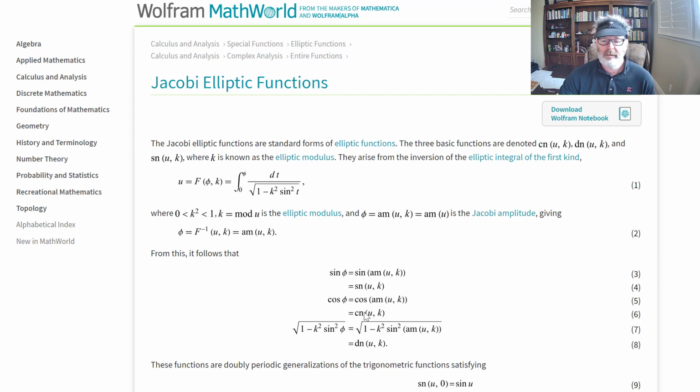And similarly, cn u will be cosine of phi, and dn u will be this quantity. It can also be thought of as d phi du, which is 1 over du d phi. That'll give this same value right here.